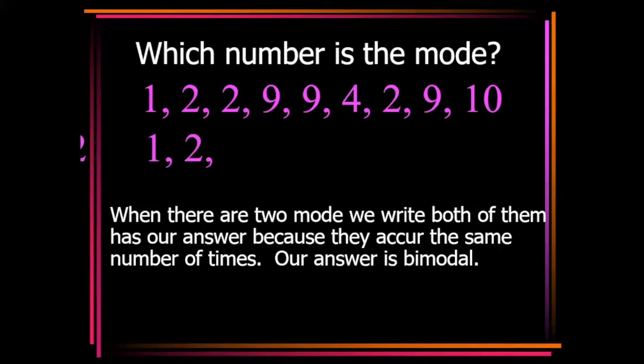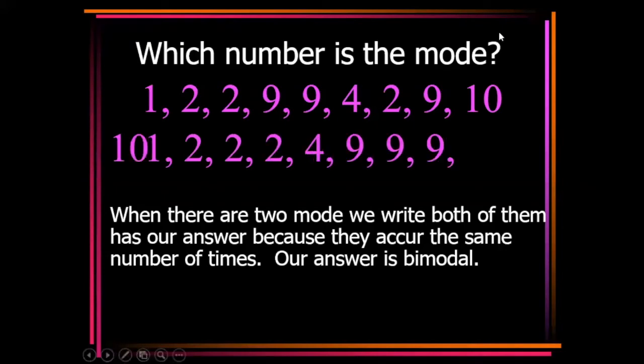1, 2, 2, 9, 9, 4, 2, 9, and 10. We would have, the second line is showing us our numbers ordered from least to greatest.